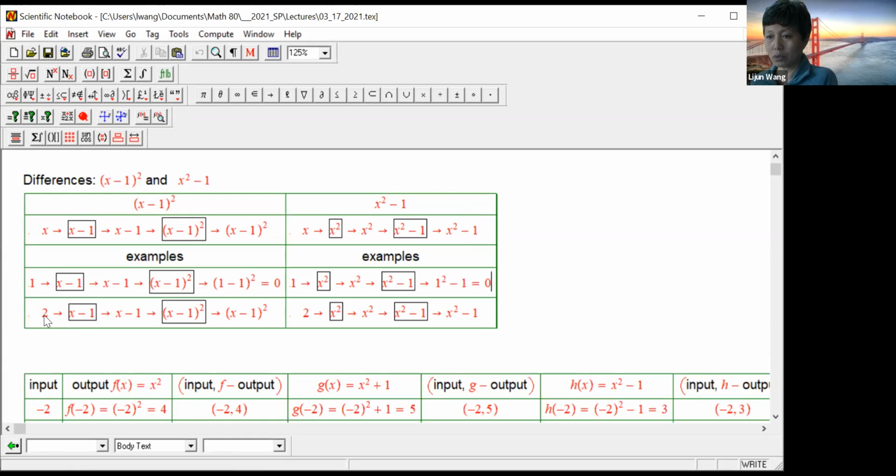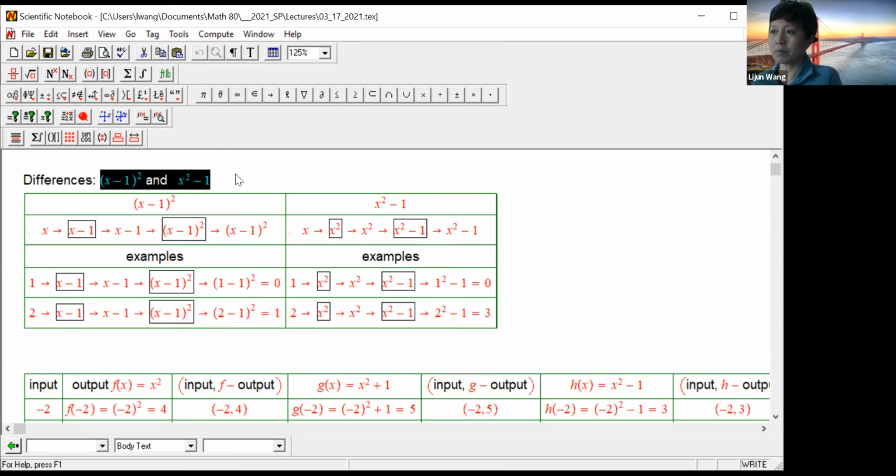Okay, so x is 2. So in the end, you get 2 minus 1, squared. So you're going to get 1. Over here, you have 2 here, and what you get here, you're going to have 2 squared minus 1, that's equal to 3. So they're not always the same. Do you follow me?